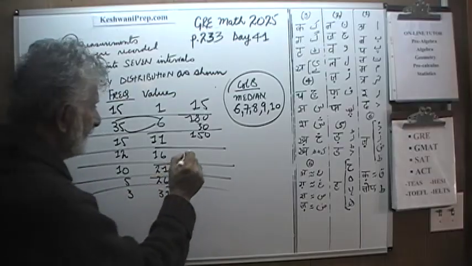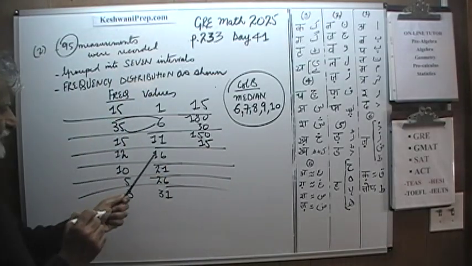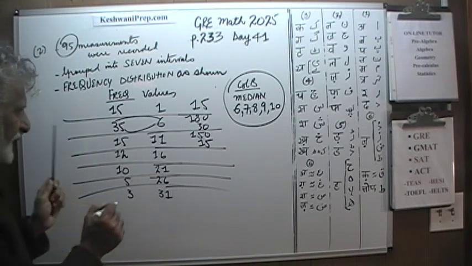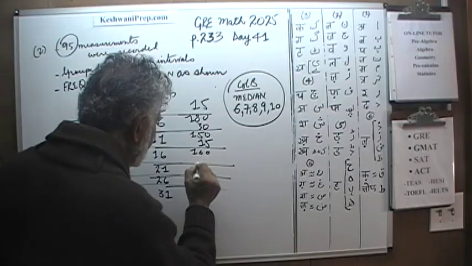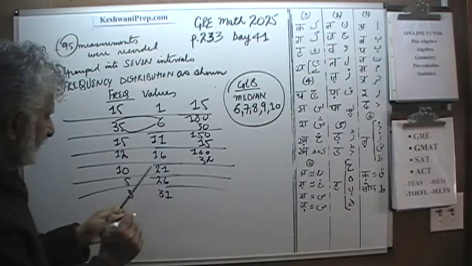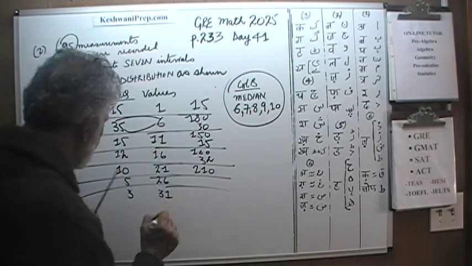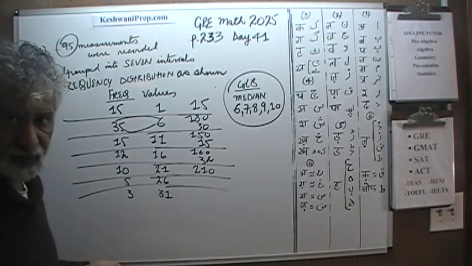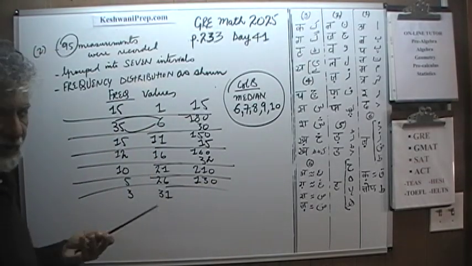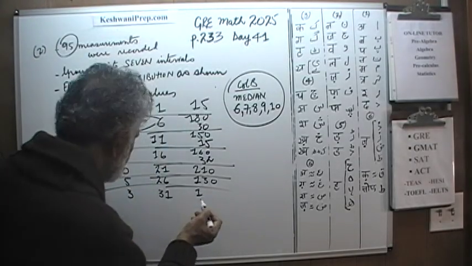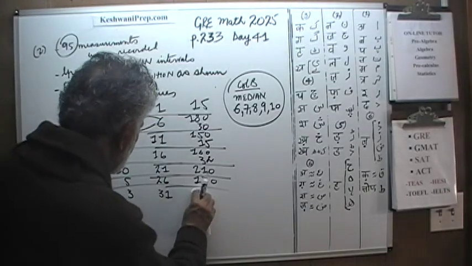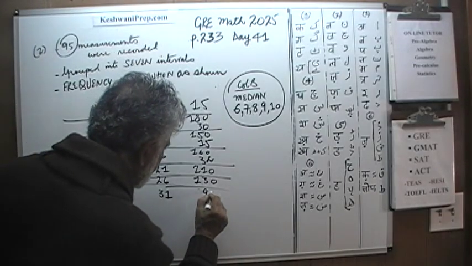And then 15 times 1 will be 15. 12 times 16, 16 times 10 is 160, and we need 2 more 16s, that's 32. 10 times 21, that's easy, that's 210. 5 times 26, 26 times 10 is 260, so it is 130. And finally 3 times 31, I'm going to round it to 100, or if you like, maybe 95, or actually 93. It's not that complicated.